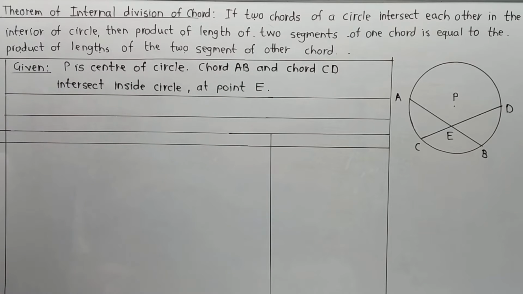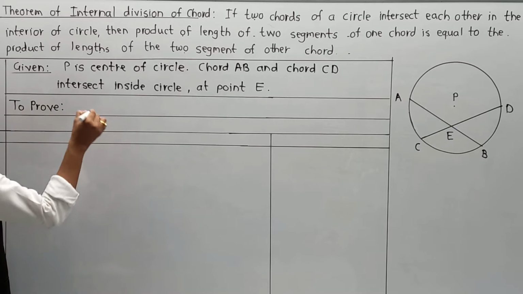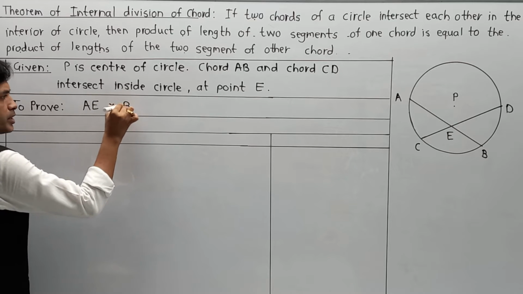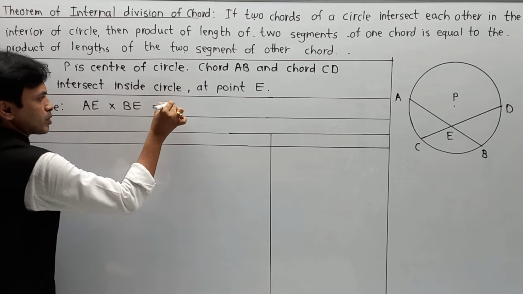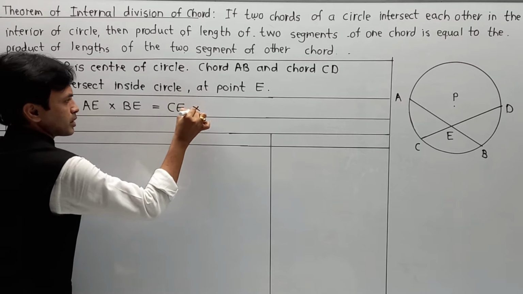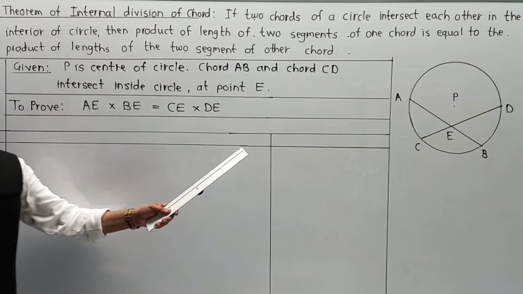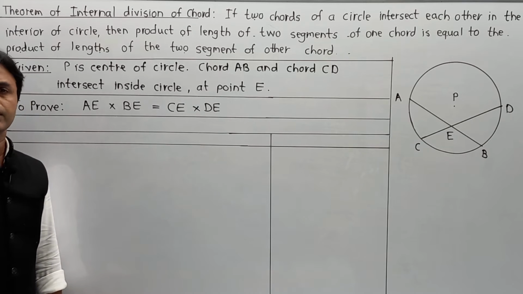Now we have to prove, means to prove: AE into BE is equal to CE into DE. Means the product of the segments of the first chord is equal to the product of the segments of the second chord.